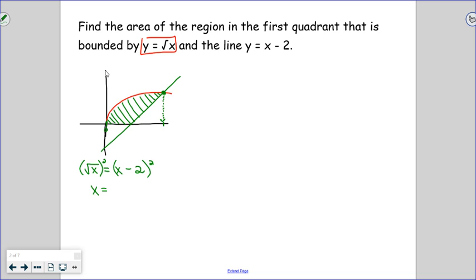If I write x minus 2 twice and FOIL, I would get x squared minus 4x plus 4. Get that equal to 0 and solve for x.